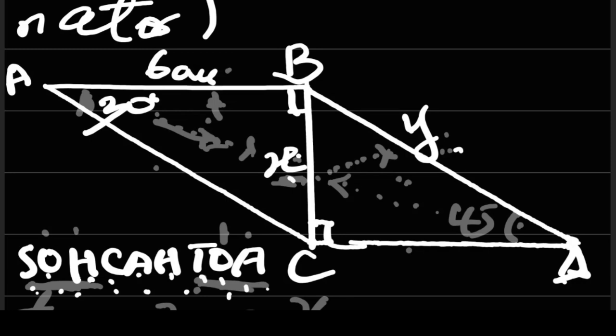So if we want to work on the first triangle, because we have two triangles here, we want to work on the first triangle in order to get this X, and then work on the second triangle in order to get this Y. So for the first triangle, making use of the angle given, angle 30, X is the side opposite the angle we are using.